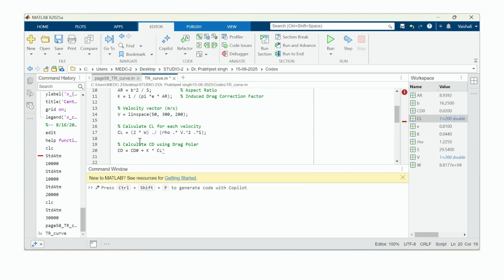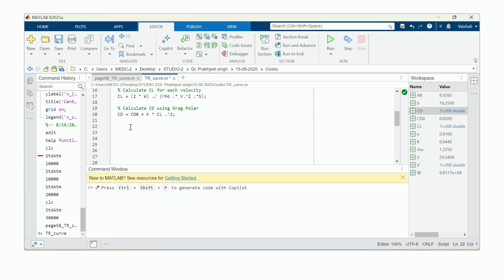Here again CD will also be a vector since CL is a vector, so you have to write CL dot square. If I run this, let me see if there is any error. No. So CD is also a vector over here.